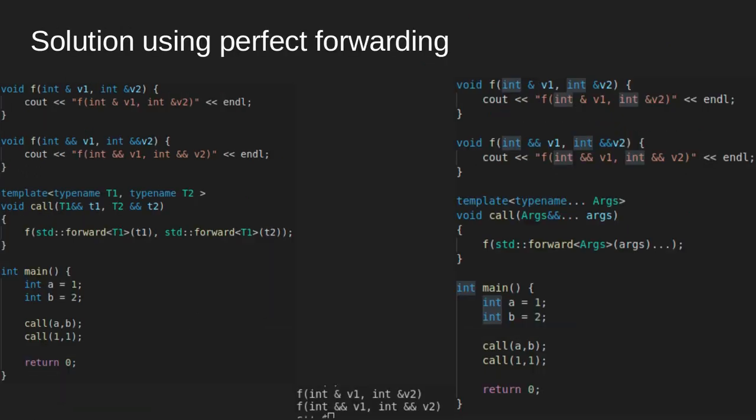So how to solve this using perfect forwarding? First of all, in perfect forwarding, you have to define a template. So here we have the template with typename T1 and typename T2 for each parameter.